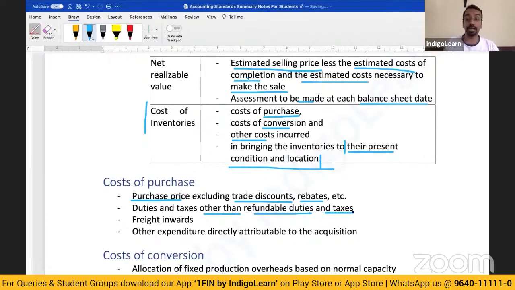But if you have paid, let's say, custom duty, or if you have paid some other tax on which refund is not available, on which credit cannot be claimed, then that will be included. Freight inwards, that is your transportation cost, insurance cost, all of that, and any other expenditure attributable to the acquisition, that is purchase. So whatever is the cost that is incurred, that will be totaled up and you will arrive at this cost of purchase. First aspect. So we are done with cost of purchase.